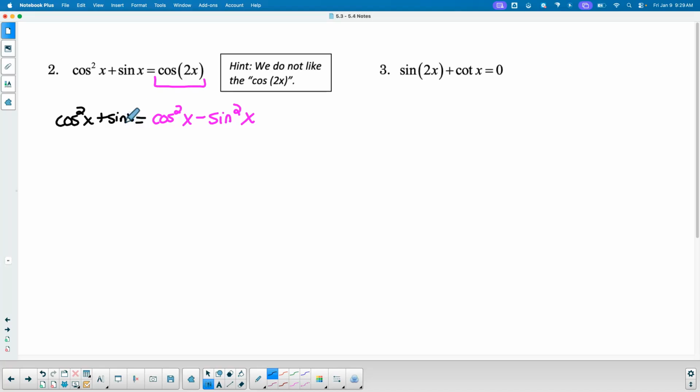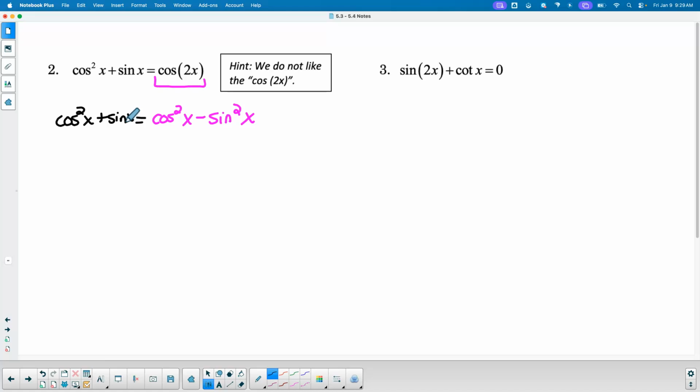What would we do next then? Set it to 0? Okay. Which side do you want to go on to? You want to bring everything left, or push everything to the right? Left? Okay.